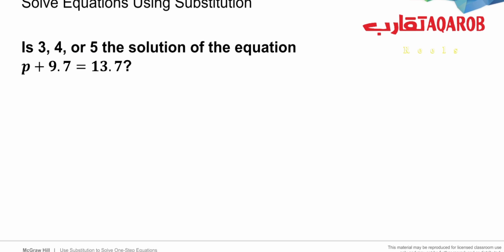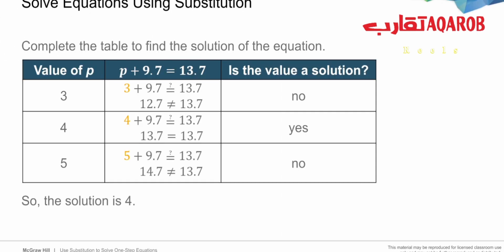Now, is 3, 4, or 5 the solution of the equation p plus 9.7 equals 13.7? Let's do the same steps and use a table. I will replace p by 3. 3 plus 9.7 is 12.7, and it's not the answer, but so close.